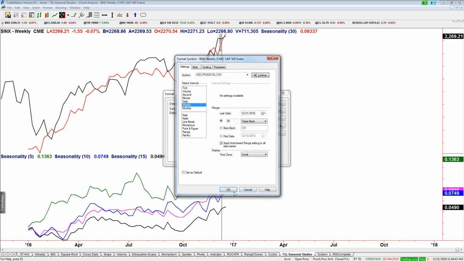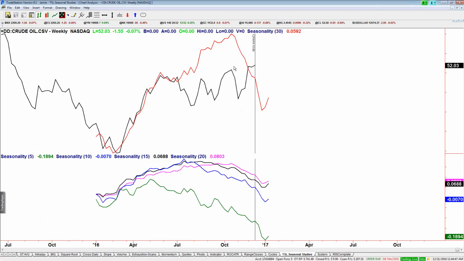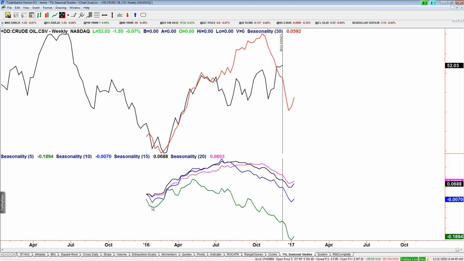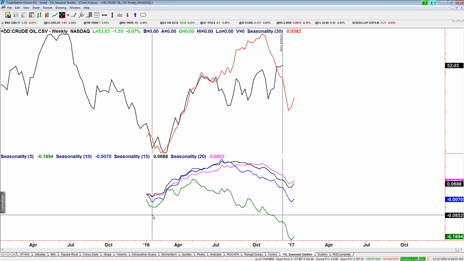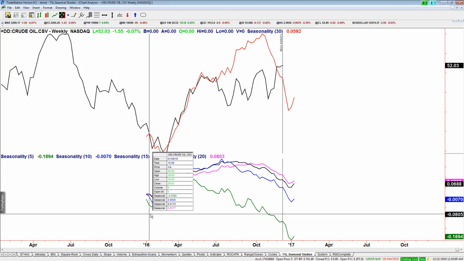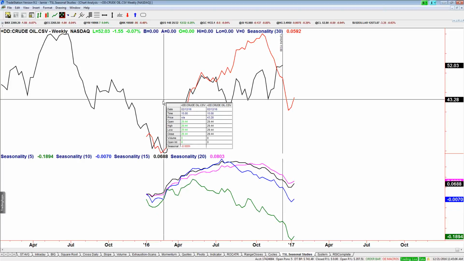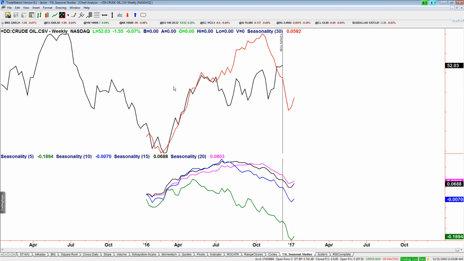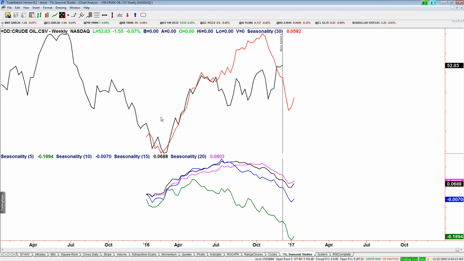So here's crude. You can see that the seasonal aspects start to turn up for shorter term seasonal components really after the first 2 weeks of January, so mid-January, right? The longer term, the 30-year seasonal study turns up the first week of February.